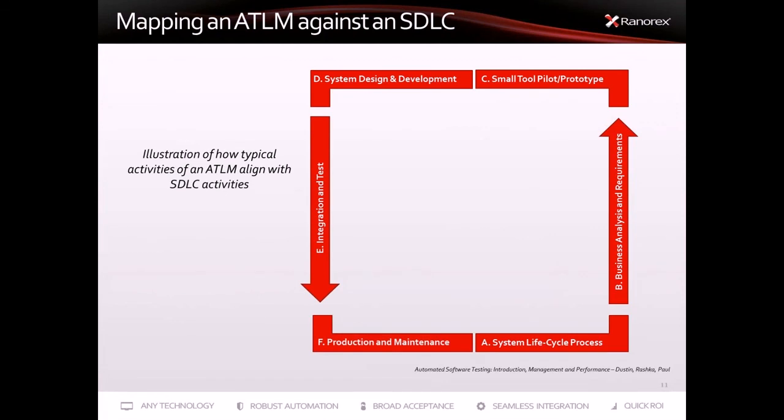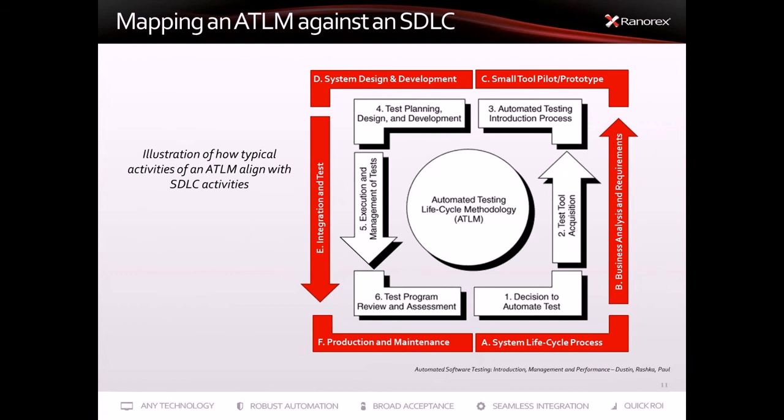So if we took a look at that, let's talk about how the automated test lifecycle methodology maps in. Your first decision is to automate a test. That's kicking off your system lifecycle process. For your test tool acquisition, really you're going to be driving your analysis and requirements to acquire the right tool. That's how that ties in.